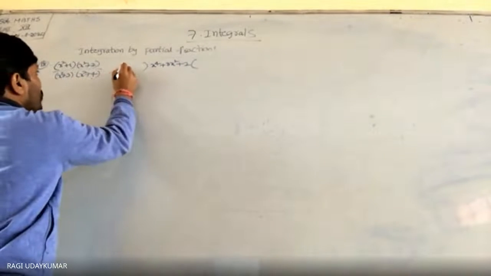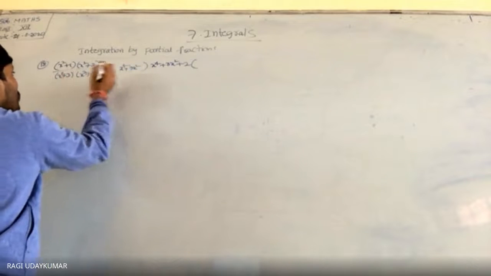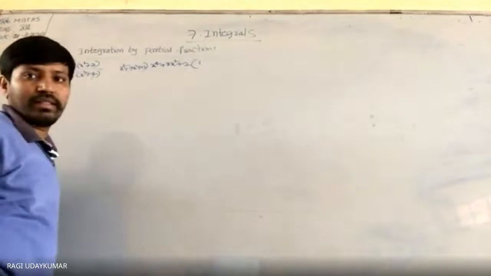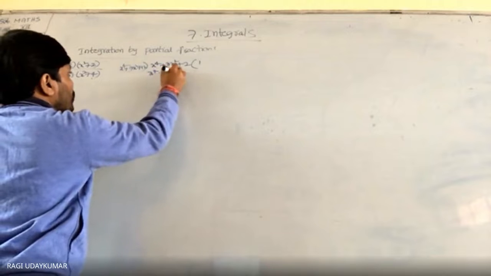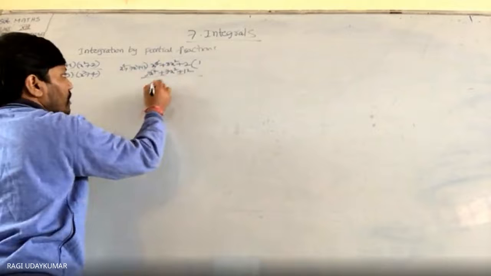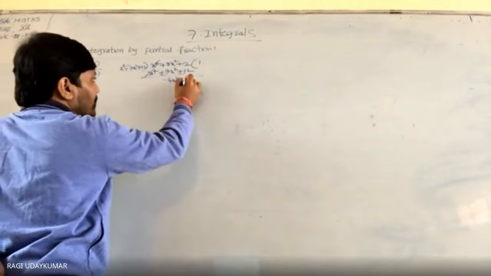In the denominator also, x to the power of 4 plus 7x square plus 12. So here 1 will come, because the degree is the same. x power 4 plus 7x square plus 12, minus, minus, minus, these two cancel. 7 minus 3 minus 4, x square minus 10.